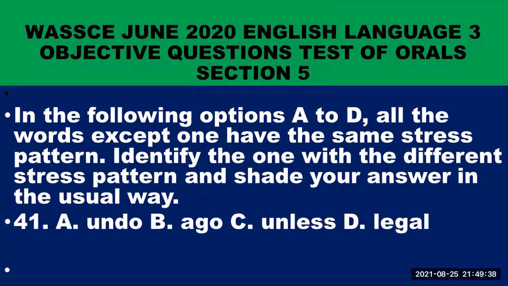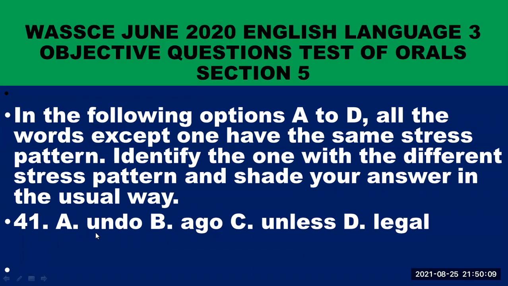So let's go to section 5. In the following options, A to D, all the words except one have the same stress pattern. Identify the one with the different stress pattern and shade your answer in the usual way. Now, this is stress pattern. We have to pronounce all the words, and then we know which one has a different stress pattern.